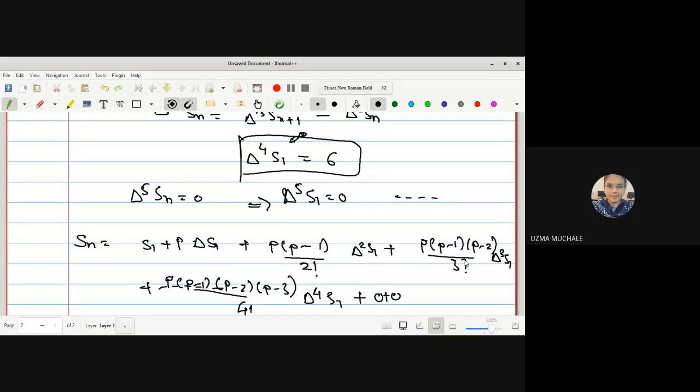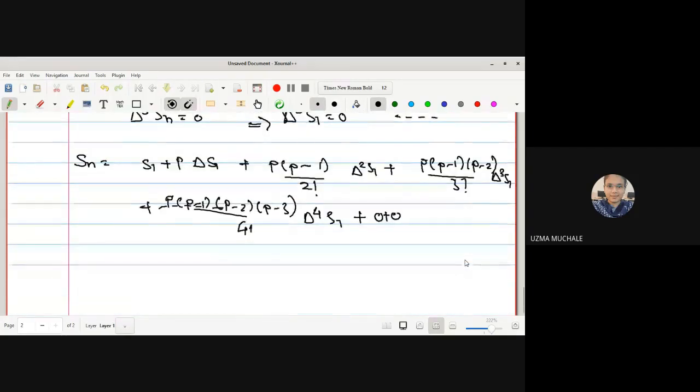Now one may have a question, what is P? Let me show you. P is equal to x minus x naught divided by h. Instead of x minus x naught, we can write n minus 1 divided by 1. Instead of x, we have a number n, and the first number, x naught, is 1, no?